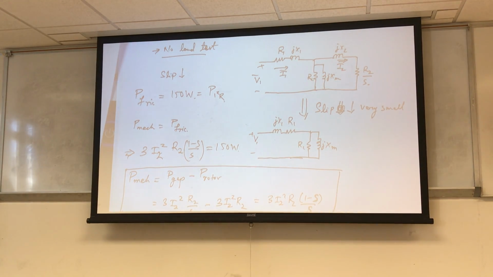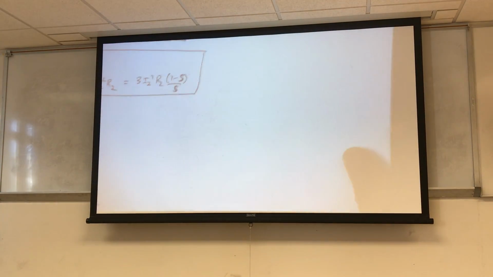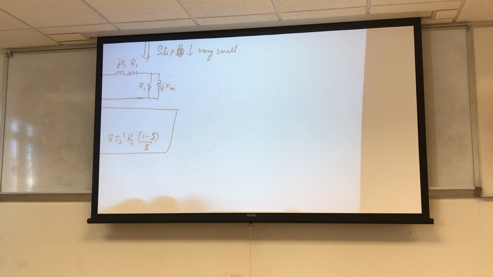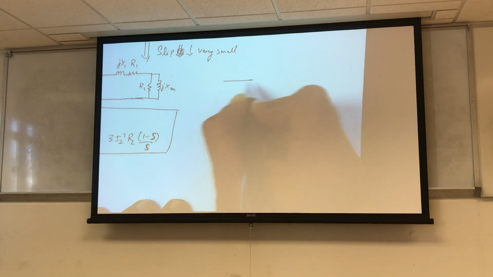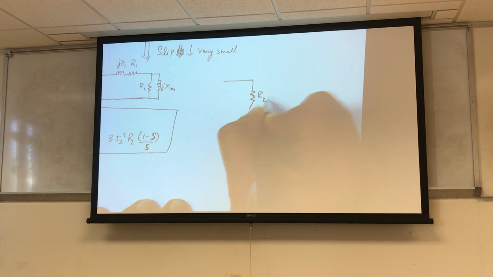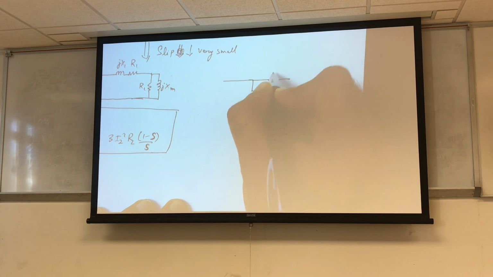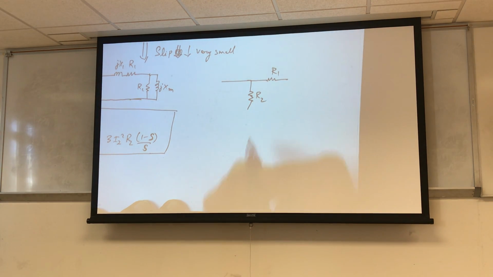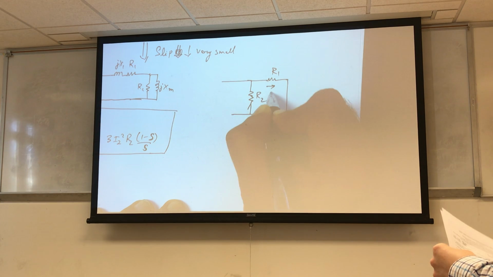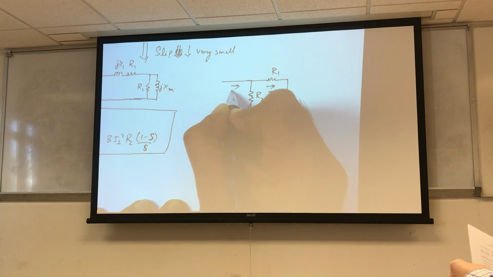For example, just take an example: this is R2, this is R1, and we have to find this current, which is I2. This is I1.